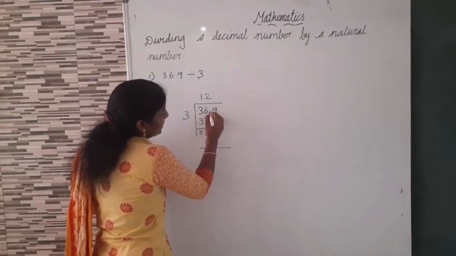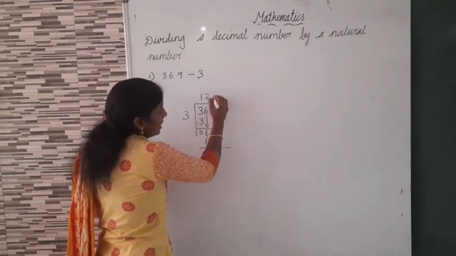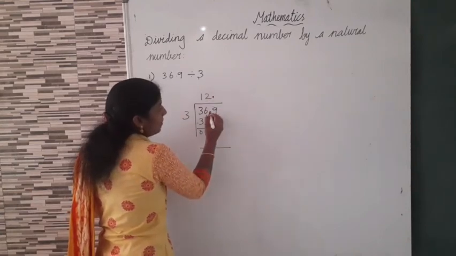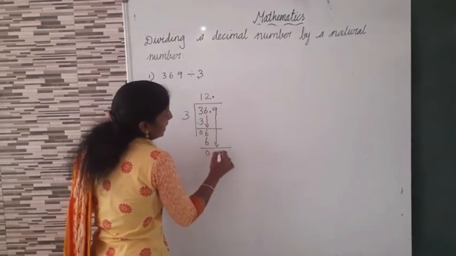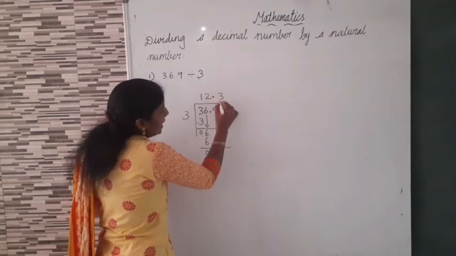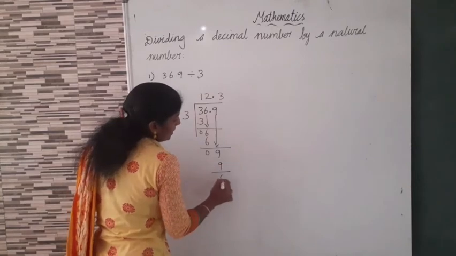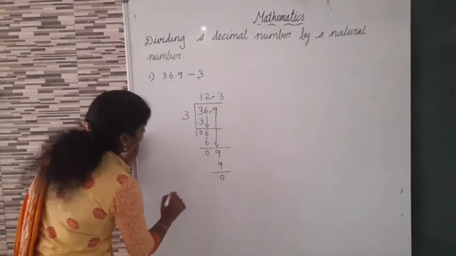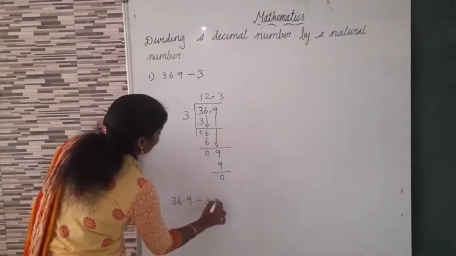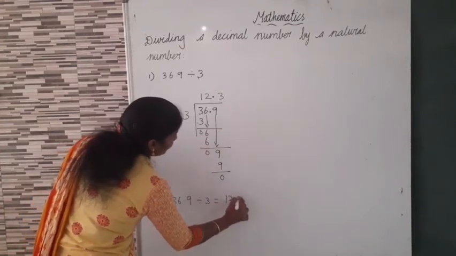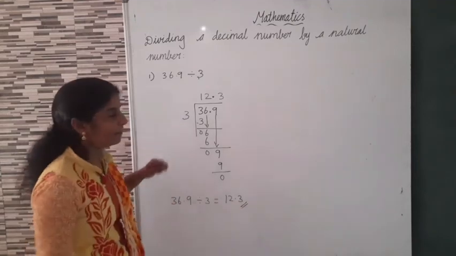Now we can put the decimal point in the quotient also. Here we have a decimal point, so we put the decimal point in the quotient. Next digit is 9. 3 3s are 9. So what's the answer? 36.9 divided by 3 is equal to 12.3. This is the long division method.